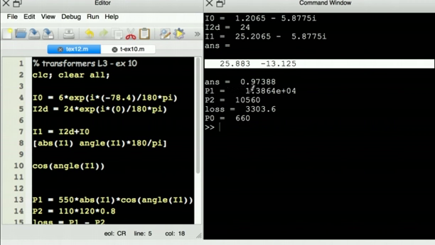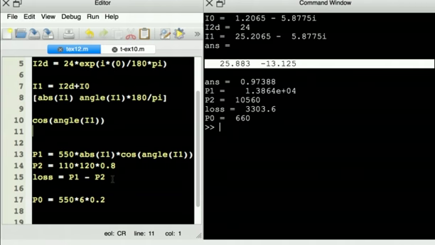Then again you can see the input power. I think there's some problem here. The losses seem to have increased. That might be because here I'm putting 0.8, so that is not required.